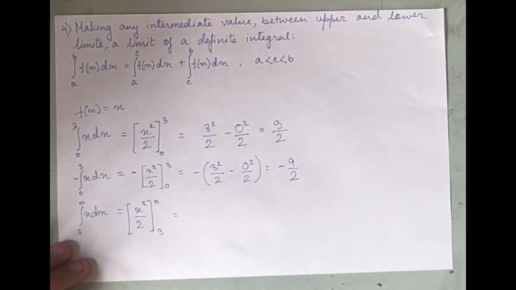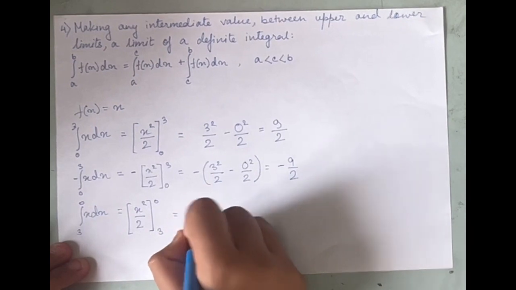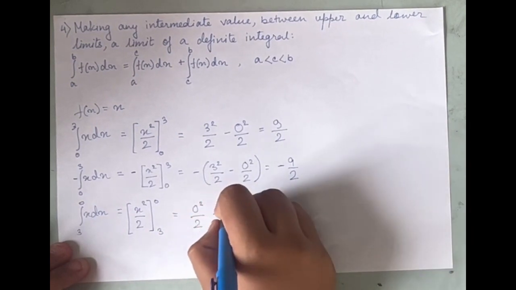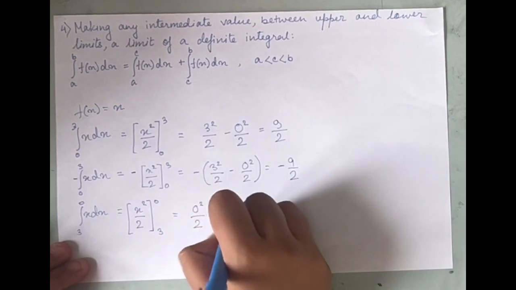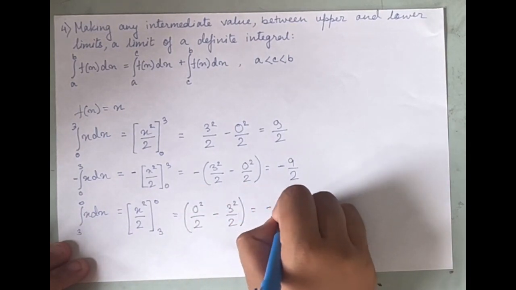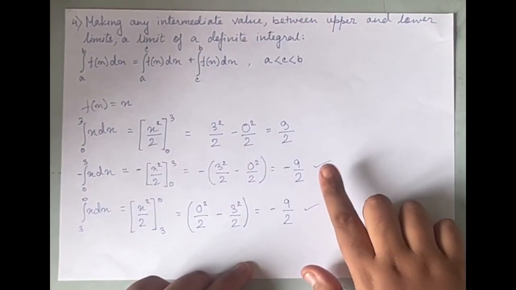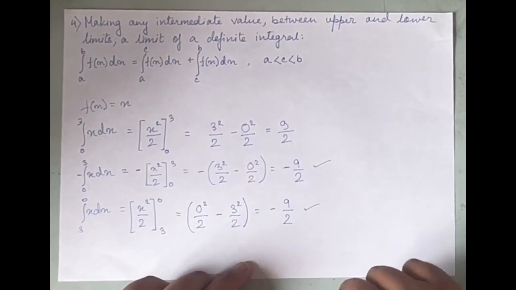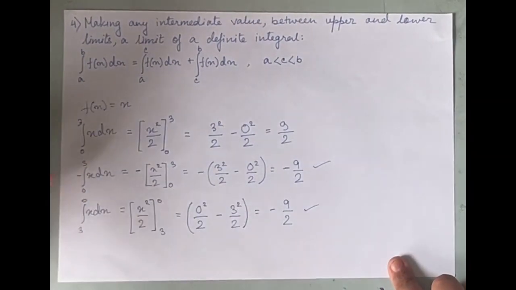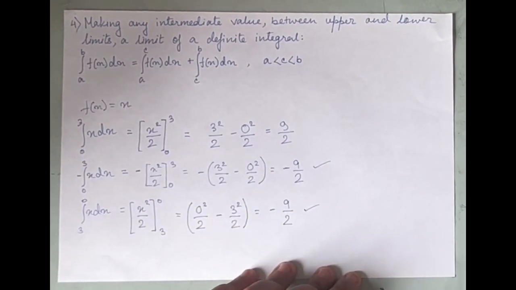So it would be 0 square by 2 minus 3 square by 2, which is equal to minus 9 by 2. Here we can see that both the answers are coming to be minus 9 by 2. So just to remove a negative sign in front of an integral, we can change the upper limit and the lower limit. This would not affect the answer.